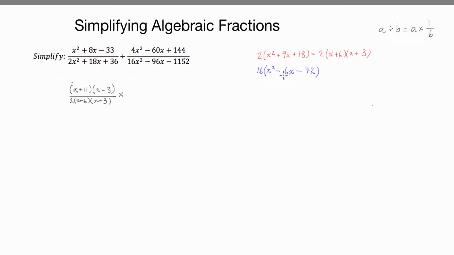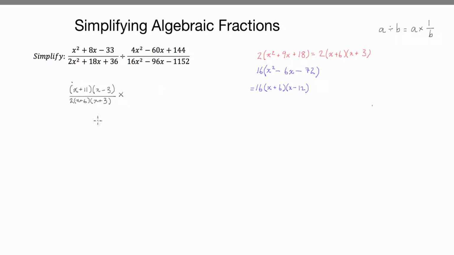Okay, so we've got this expression now, and we're looking for two numbers that multiply together to give negative 72 and add together to give negative 6. So that's going to be negative 12 and positive 6. Okay, great.